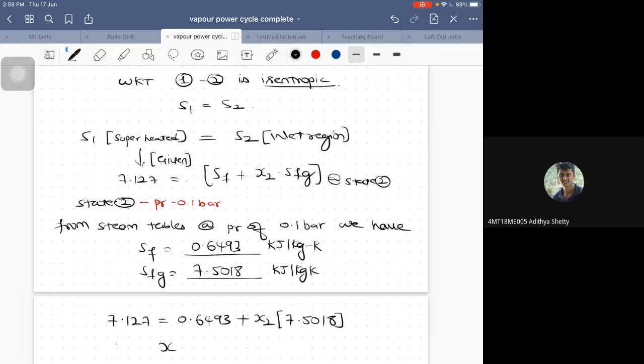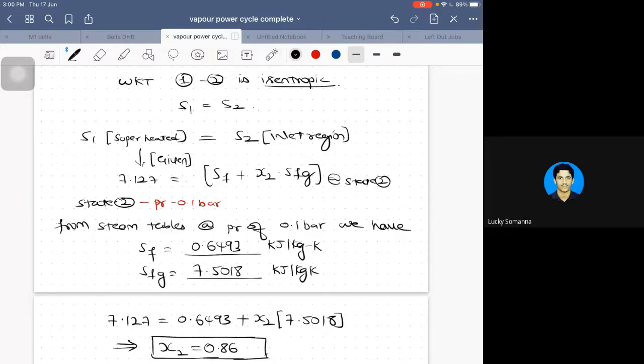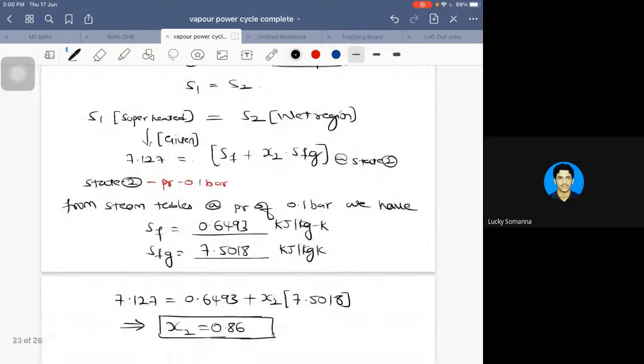So, from this, what is the value of x at state 2, that is the dryness fraction at state 2? 0.8635. Okay, 0.86, that's enough, I guess.